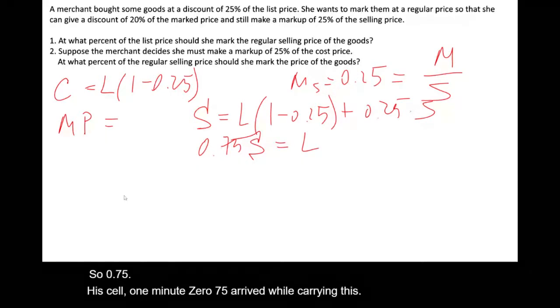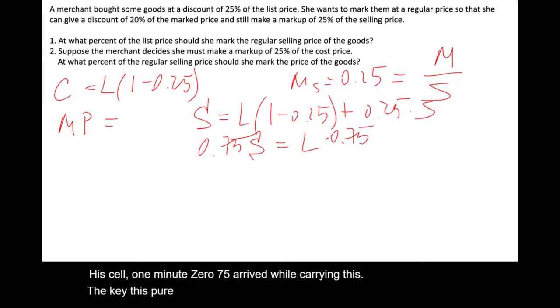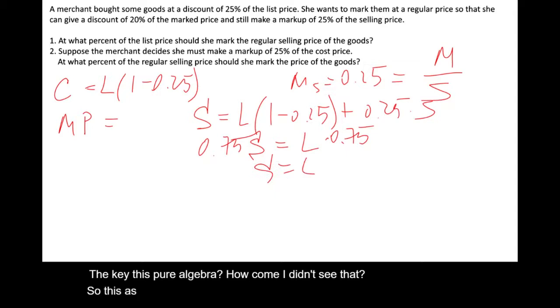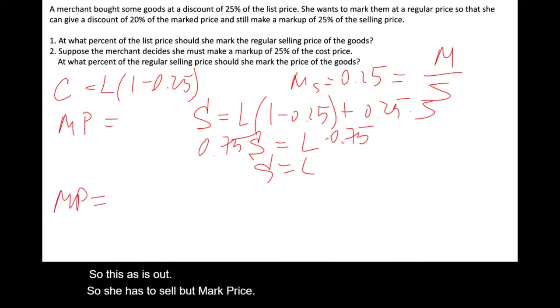Okay, that's pure algebra. How come I didn't see that? So actually, yes, S is 0.75 L. So she has to sell, but the marked price is L over 0.8.